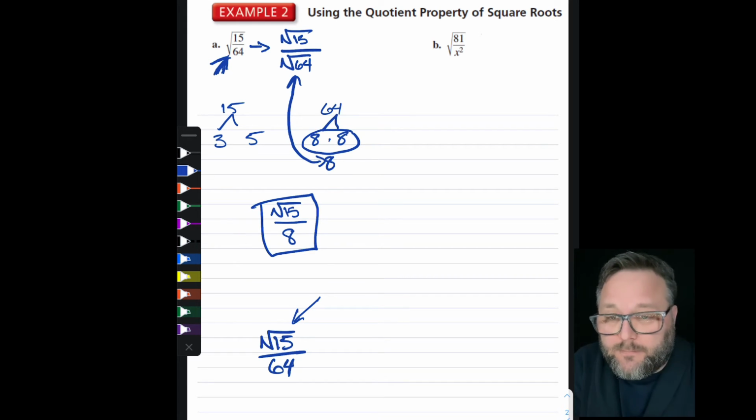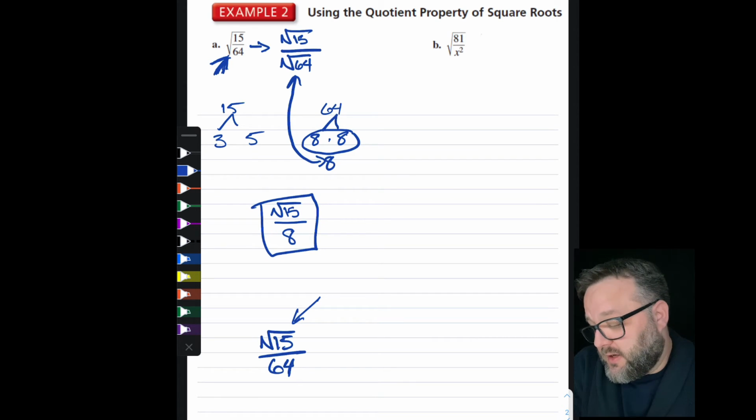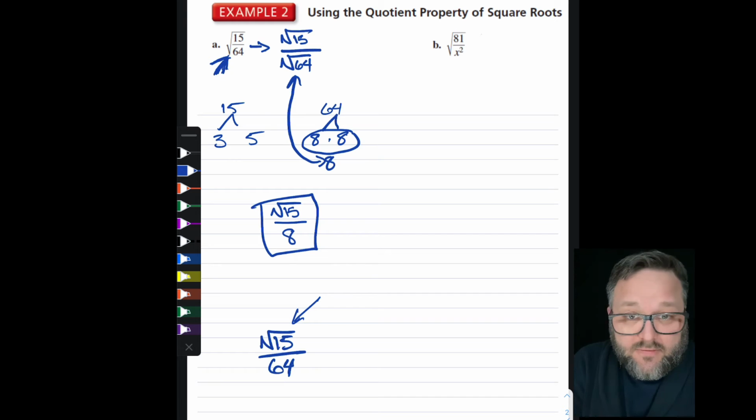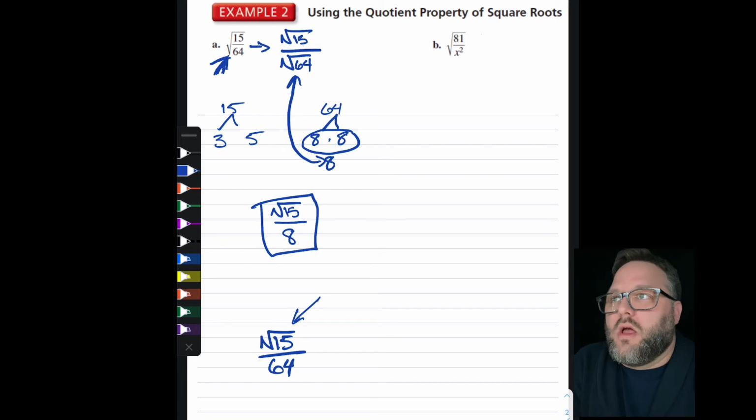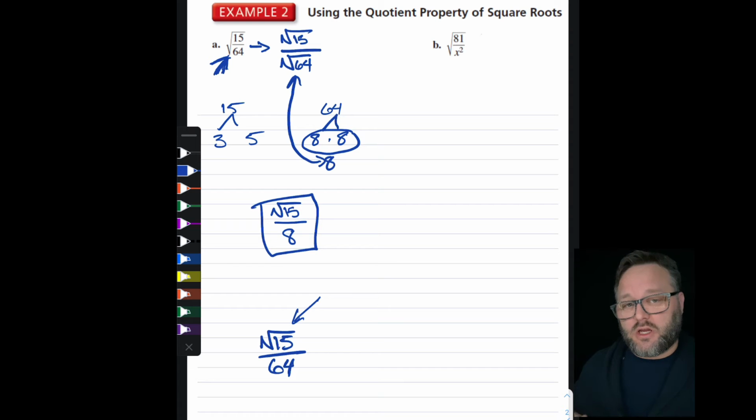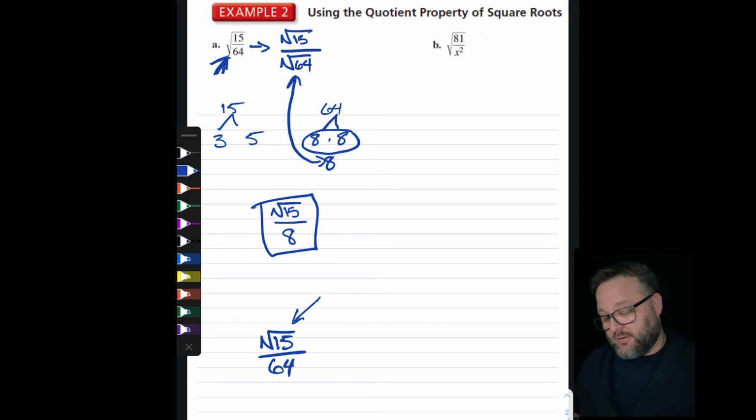An informal way of saying it is the square root of the fraction 15 over 64, or 15 64ths. When I say informal, what I mean is it doesn't sound as fancy as saying quantity. It doesn't mean it has any less value, okay? So hopefully that cleared that up.